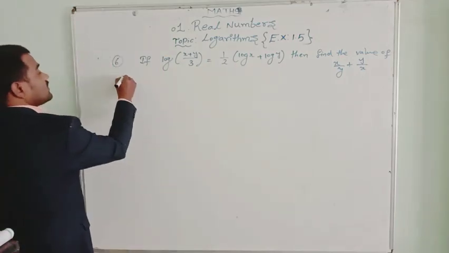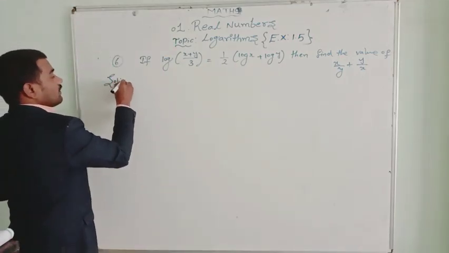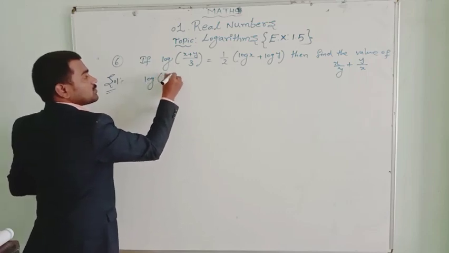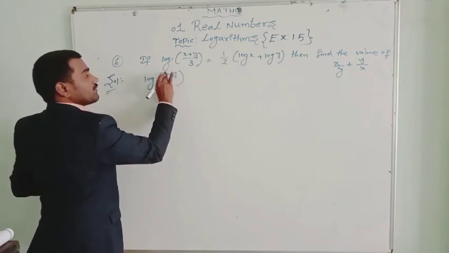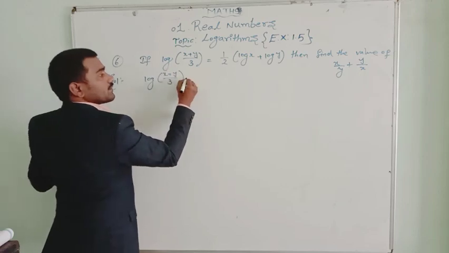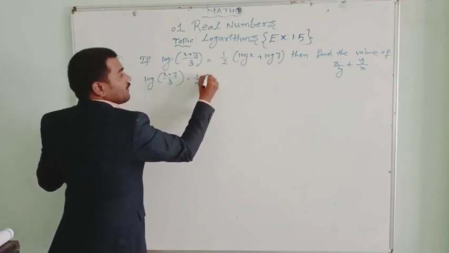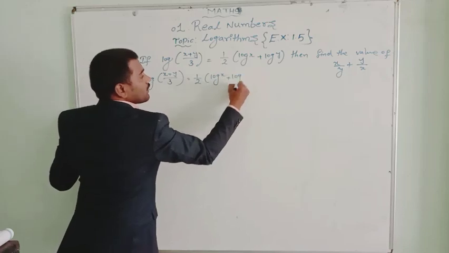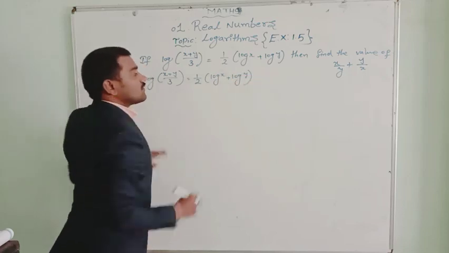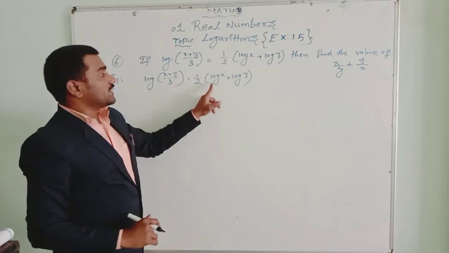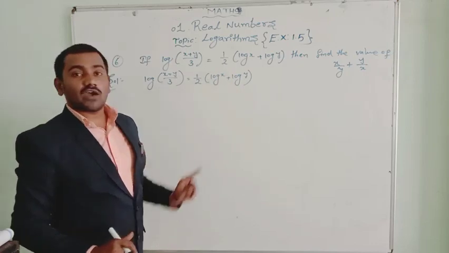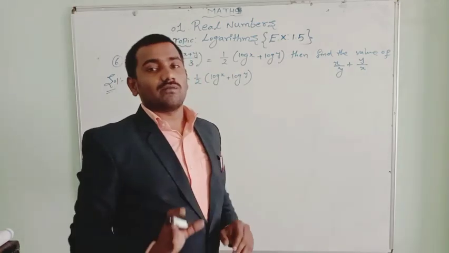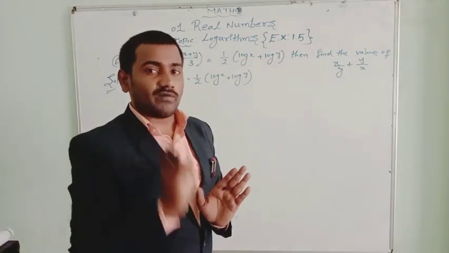Okay, let us write the given: log of (x plus y) by 3 equals 1 by 2 (log x plus log y). Very simple. First, here it is log x plus log y, the sum of logarithms. We can write it as the logarithm of a product: log xy equals log x plus log y.